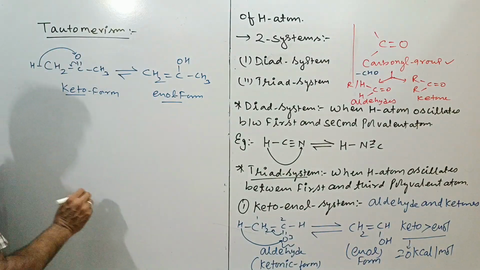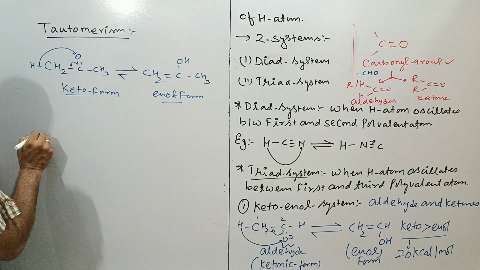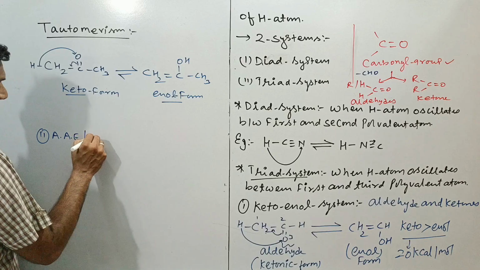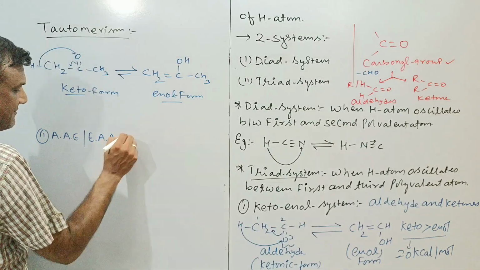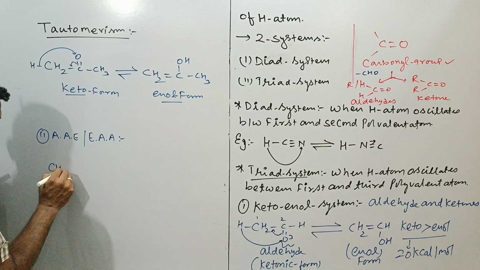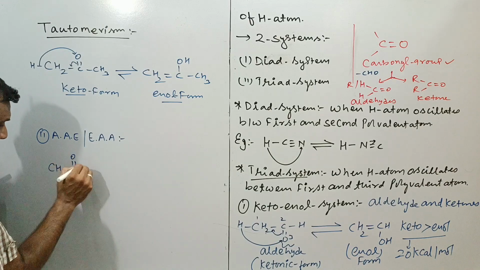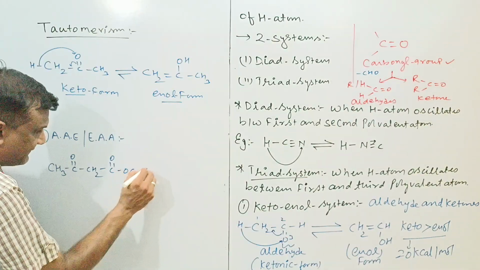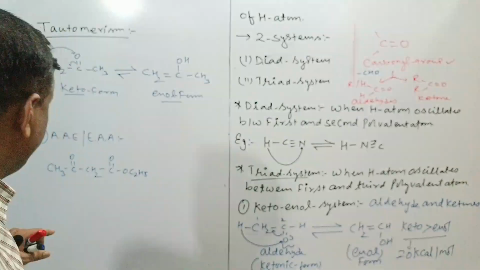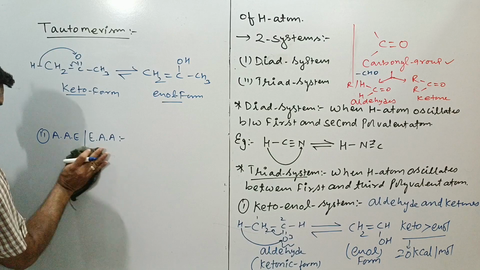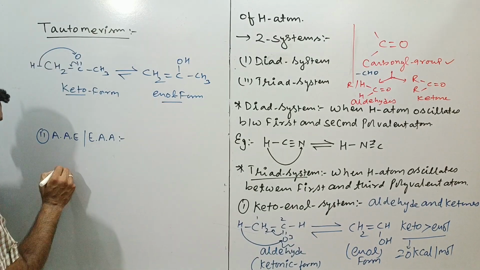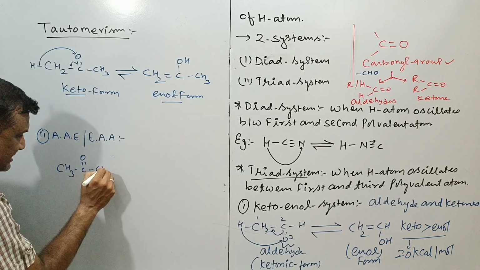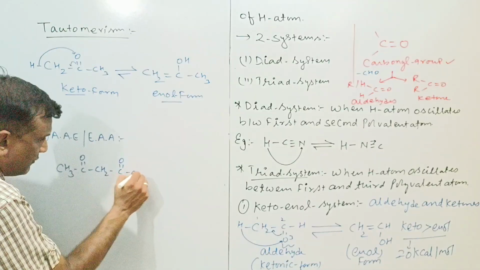We can take another example regarding the triad system, acetoacetic ester, or you can call it ethyl acetoacetate. The example is CH3COCH2COOC2H5. There is no proper space, so we'll take a small structure: CH3COCH2COOC2H5.